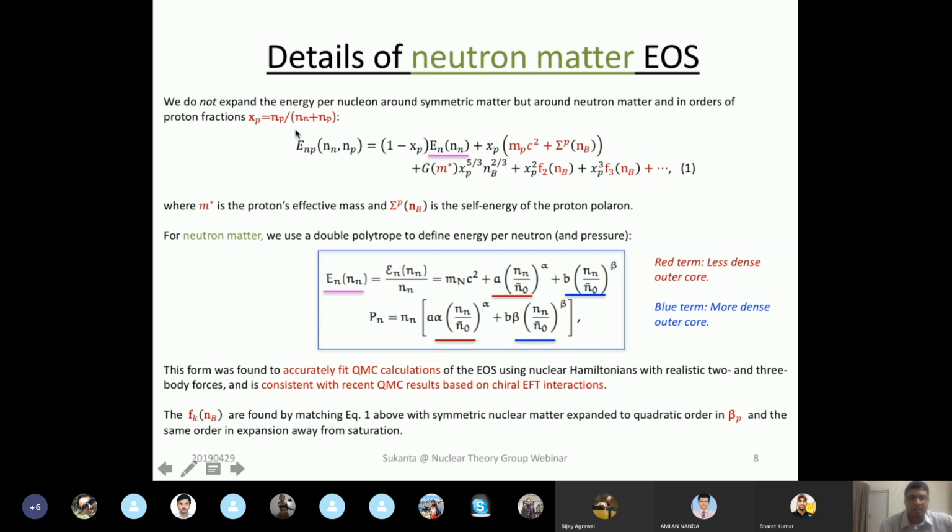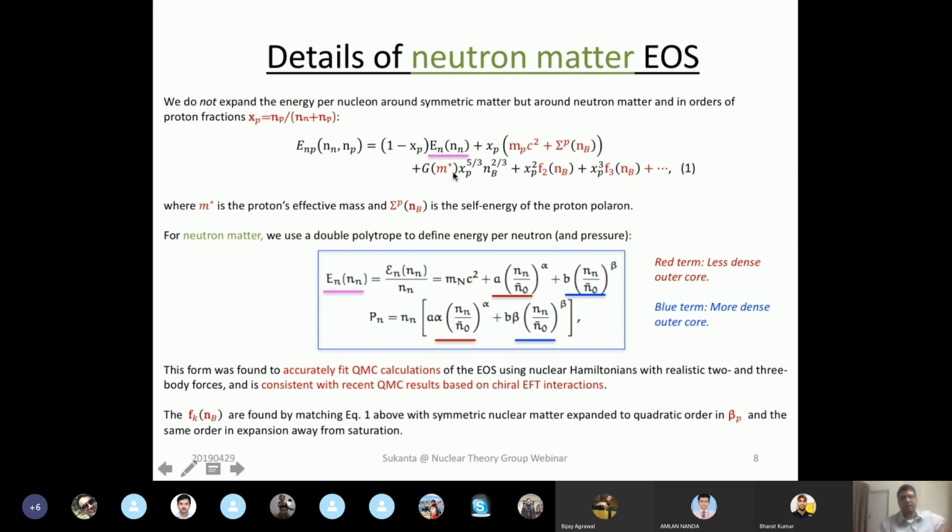So this nucleonic energy density is to leading order the neutron matter density, and then to subleading order have corrections in the proton fraction related terms, which of course includes also the proton rest mass and the polaron related corrections, the details of which are given in our paper, but also higher order corrections in the proton fraction. Here, m star is the proton's effective mass.